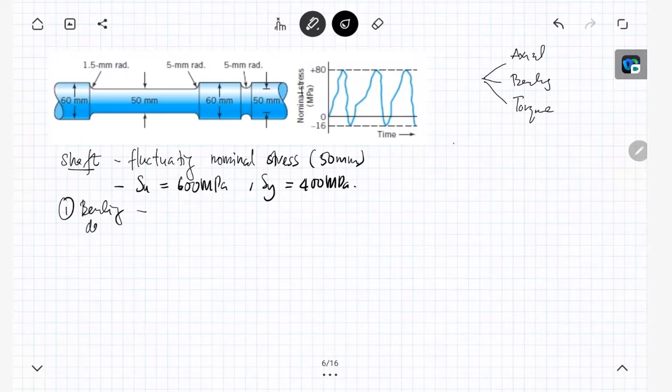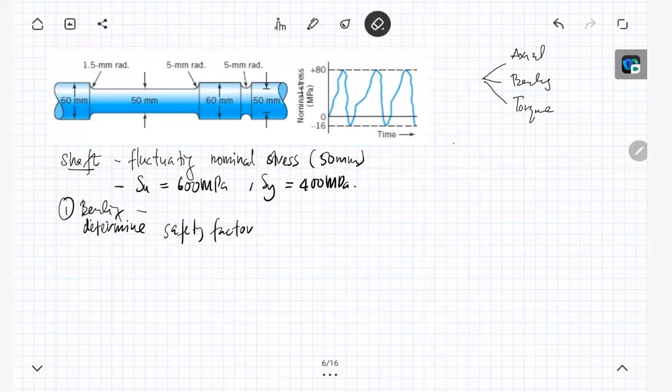Determine the safety factor with respect to fatigue failure.